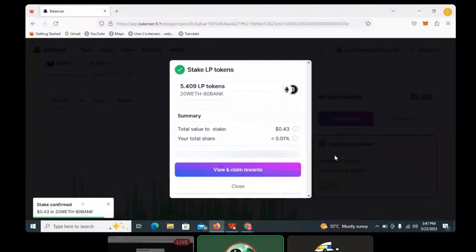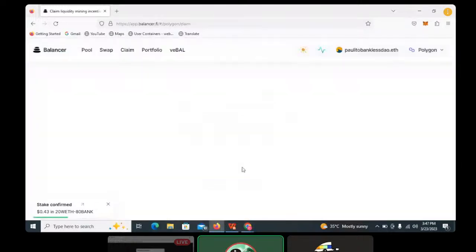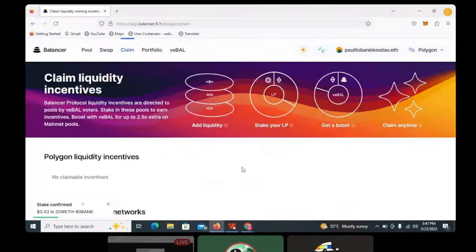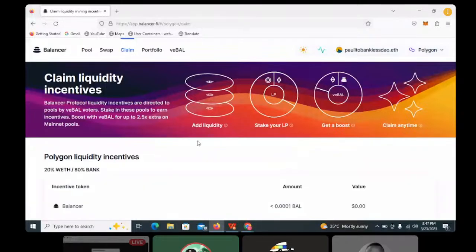Okay, wonderful. You can see that you have invested already, so you can view and claim rewards. But at this time, there's nothing to claim yet. Once it's there for a while, you will be able to.